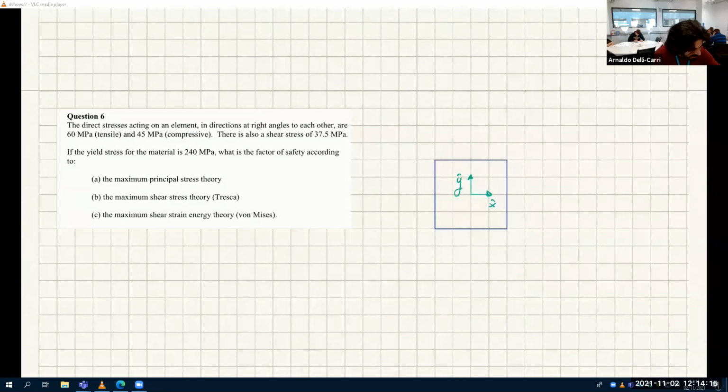Sigma x is 60 megapascal tensile and sigma y is 45 compressive. Tau xy is 37.5. It doesn't say anything about being positive or negative, so let's say it's positive.